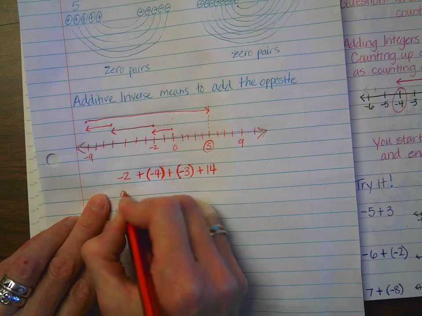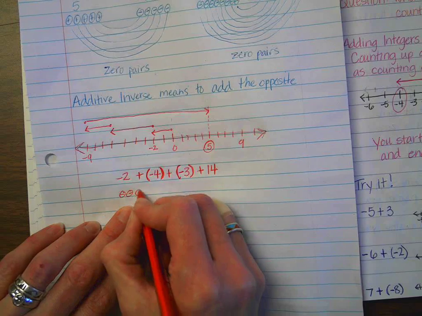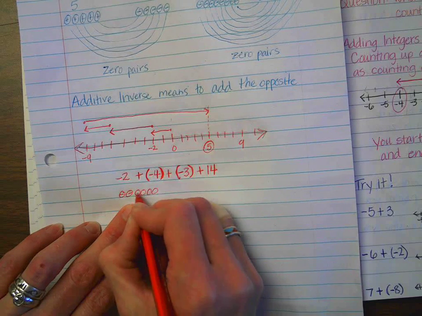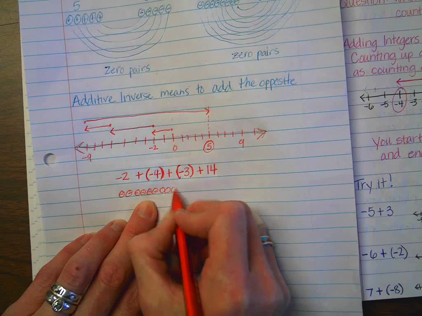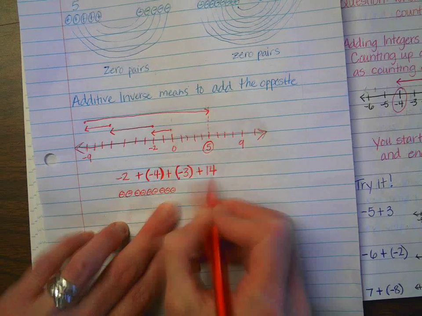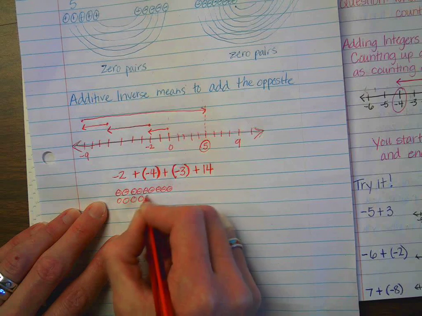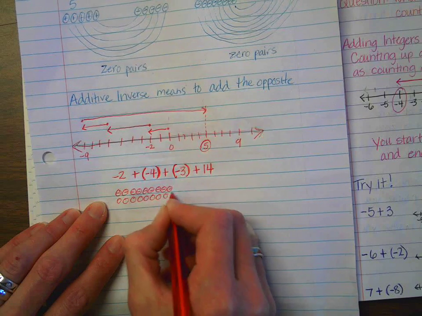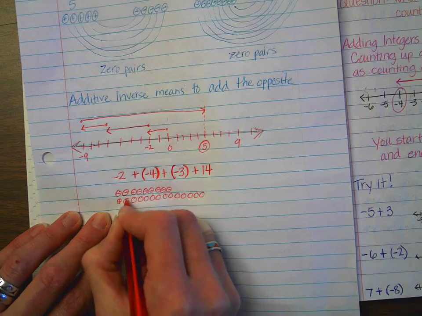You could check that with chips. So we have 2 negatives here, 1, 2, right? Then we have 4 more negatives, 1, 2, 3, 4, right? Plus 3 more negatives, 1, 2, 3, plus 14 positives, 1, 2, 3, 4, 5, 6, 7, 8, 9, 10, 11, 12, 13, 14.